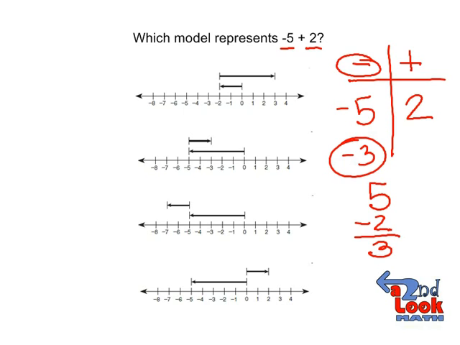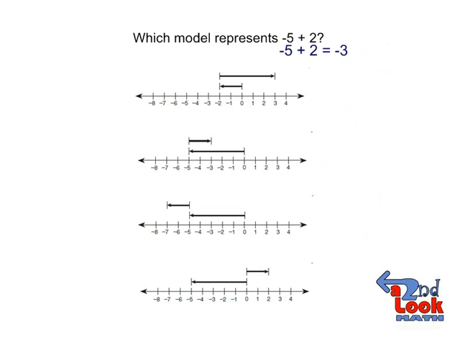So right there, I'm going to circle it in a different color, is our answer, -3. So now that we have solved the problem, we can go about thinking about which model will represent -5 combined with a +2 equals a -3.